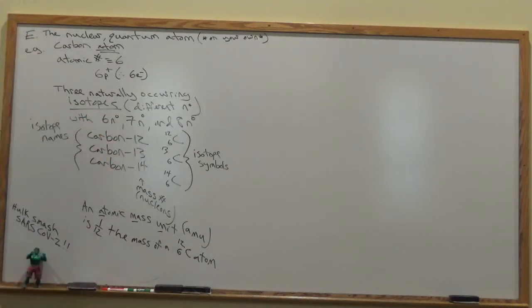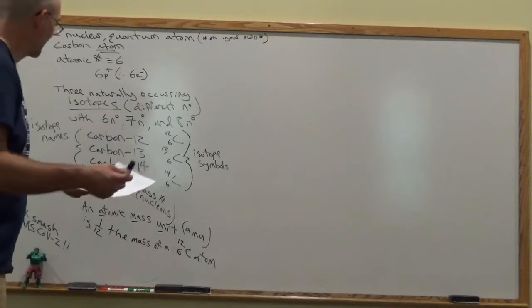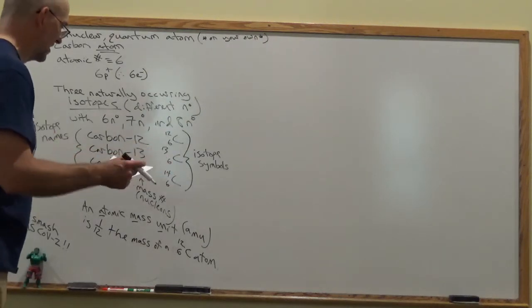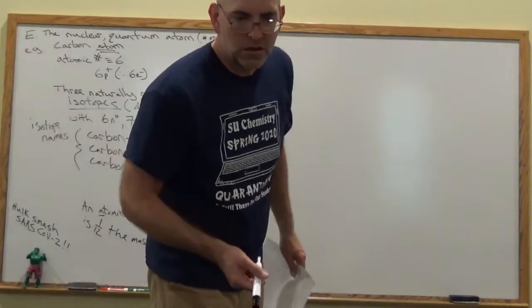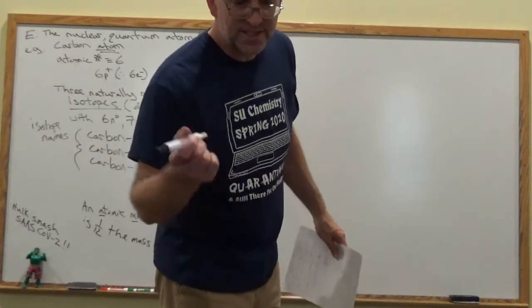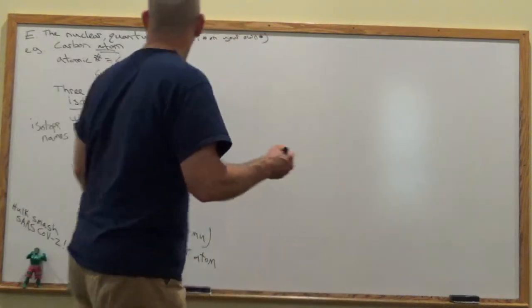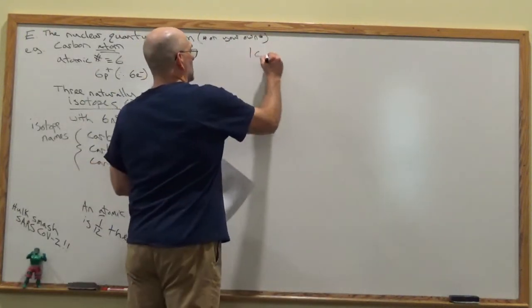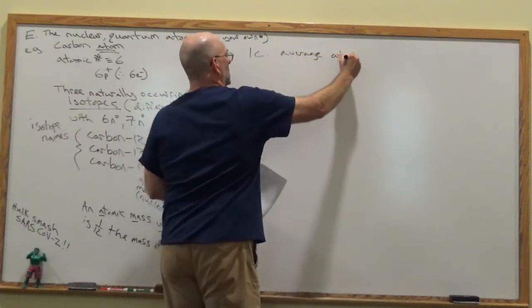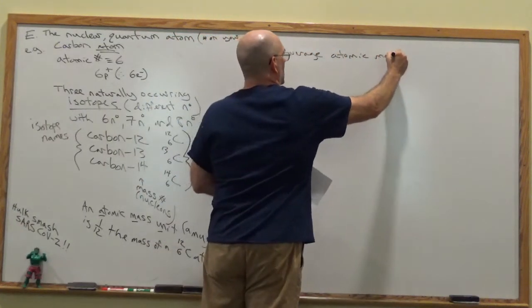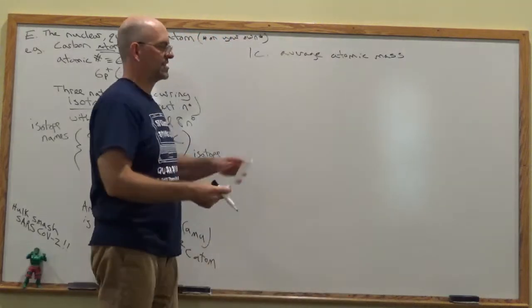And now, this information that I'm going to give you here, you would have to be given. It's letter 1C, average atomic mass. But I'm going to say this before I write anything.